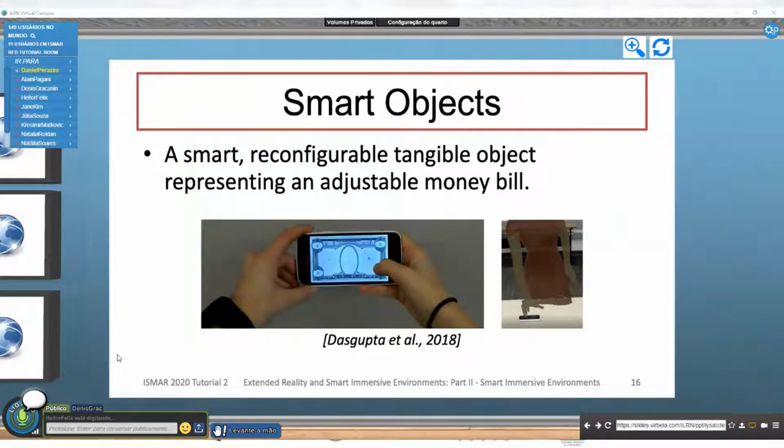So in this particular example, we are looking at an application where a smartphone is used as a bridge or communication media between the user and participant in the non-player character.